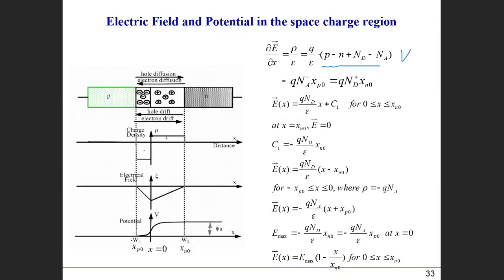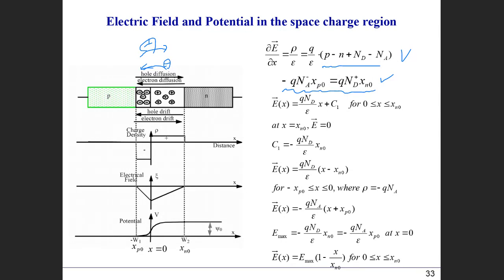And the second equation is about when the electron and hole move. Their movement, corresponding with the depletion region, follows this equation.